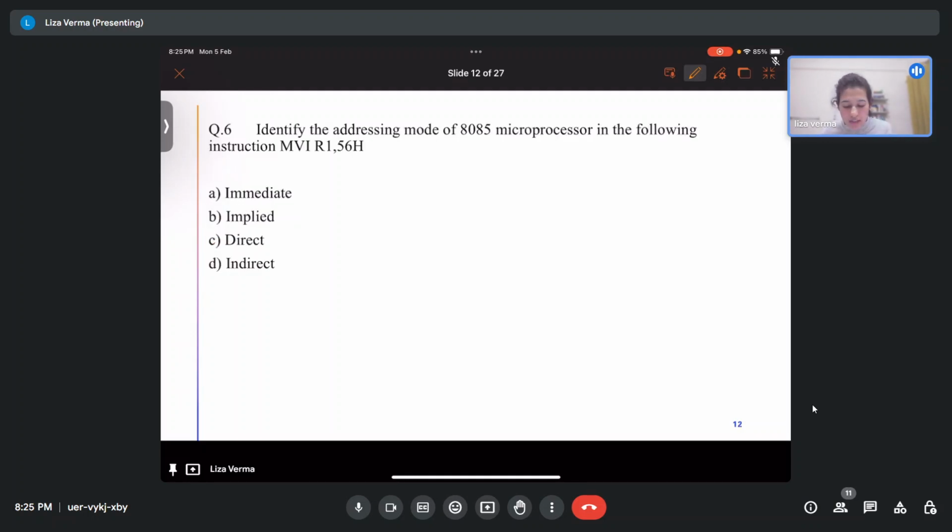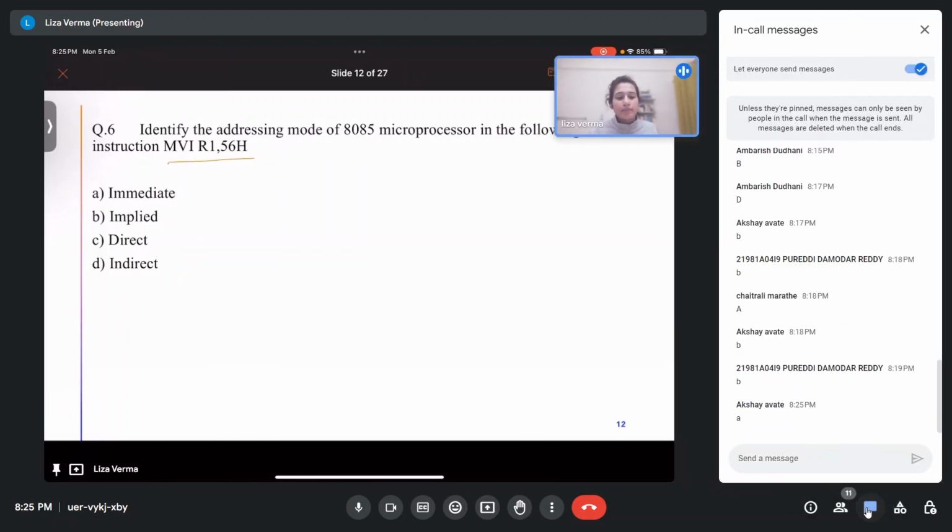Identify the addressing mode of the 8085 microprocessor in the following instruction. The instruction is MVI, immediate. A, you are saying immediate. Everybody else, please write in the chat.